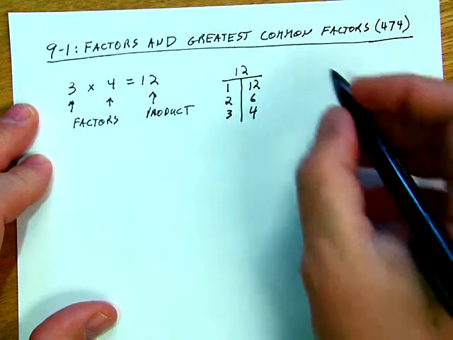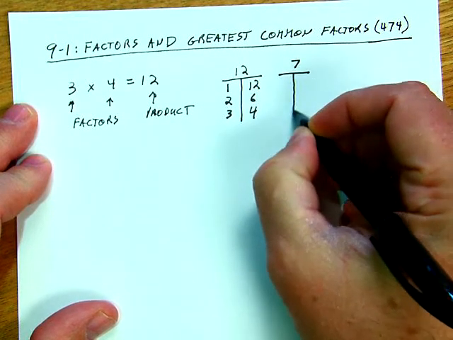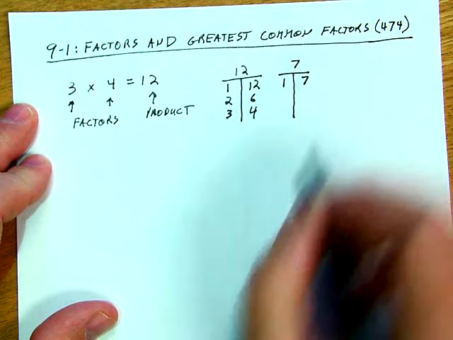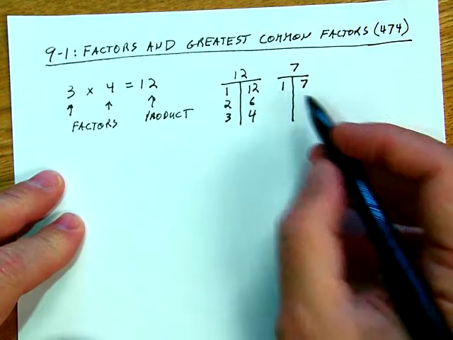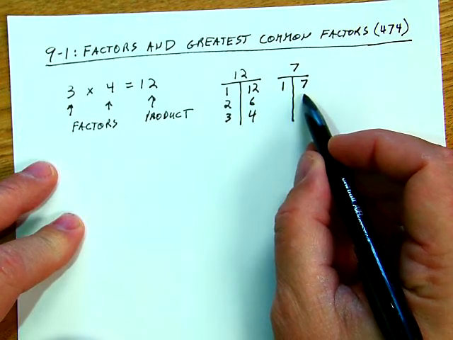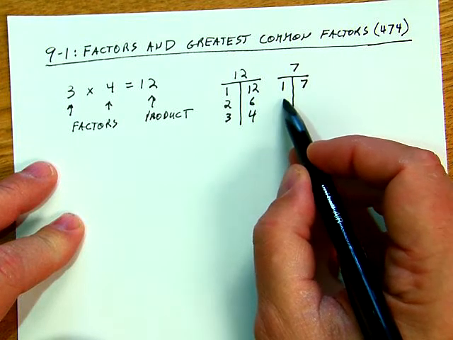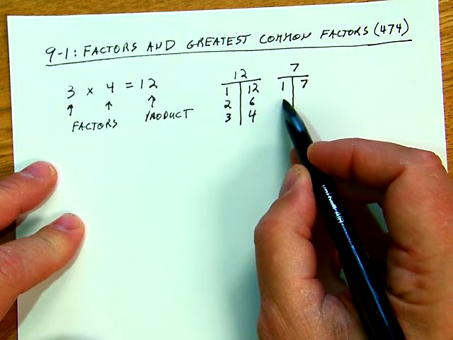Let's do another number. Let's do a number like 7. What is its factoring table? Well, we always start with 1 and the number. 1 times 7 is 7. So we try 2. Well, 2 doesn't go into 7 evenly, so let's try 3. 3 doesn't. 4, no. 5, no. 6, no. 7.